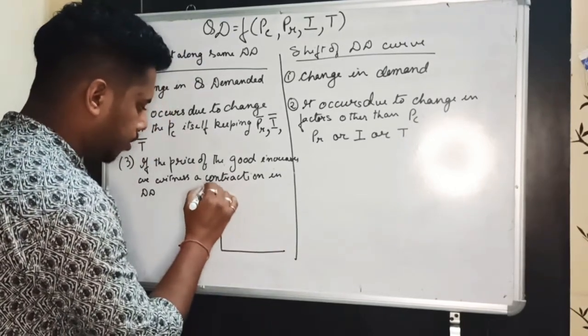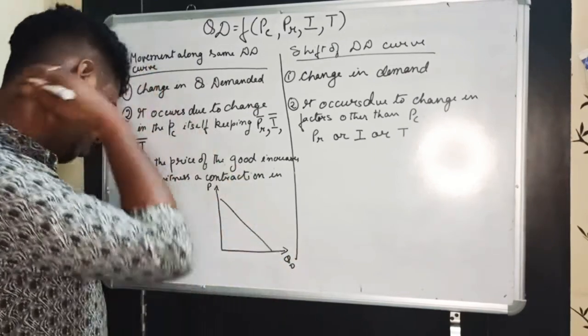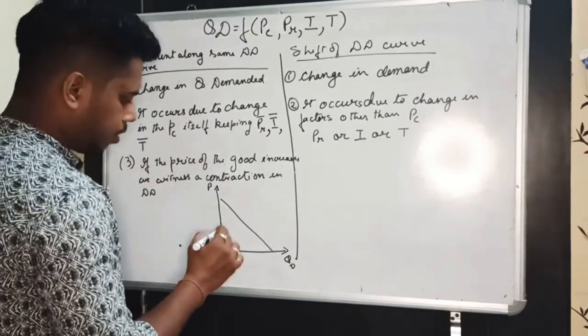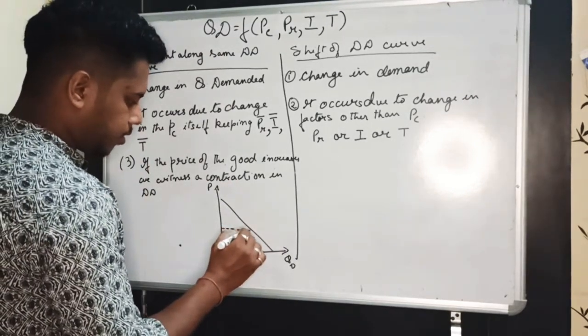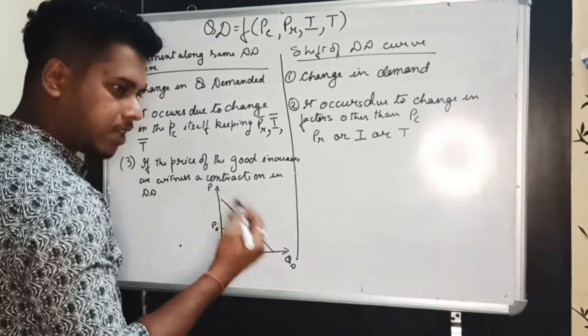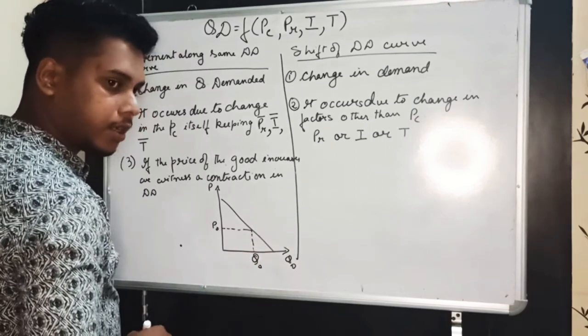Say we are measuring price over here and quantity demanded over here, and this is our demand curve. Okay. So let us take a base price denoted as P0. P0 is our base price, and when the price was P0, we were demanding Q0 amount of quantity.